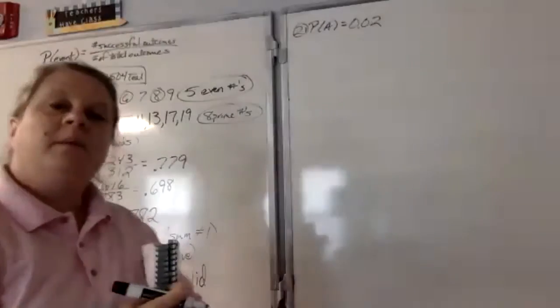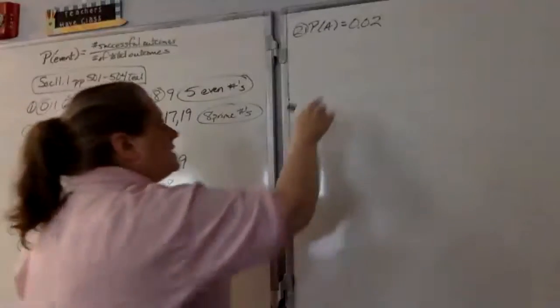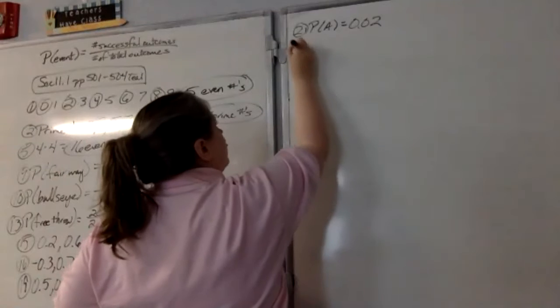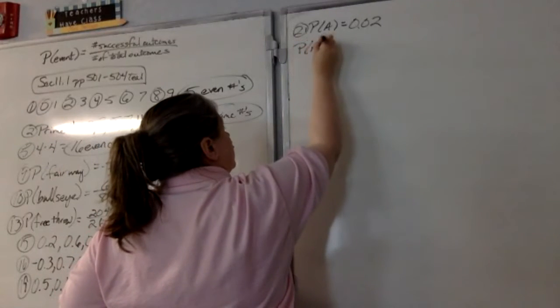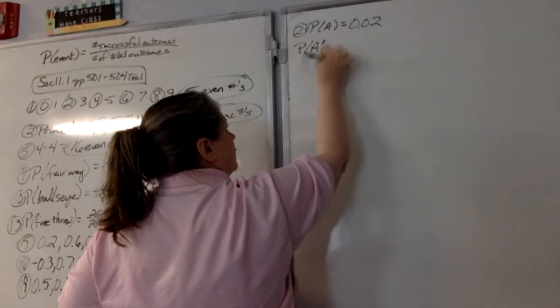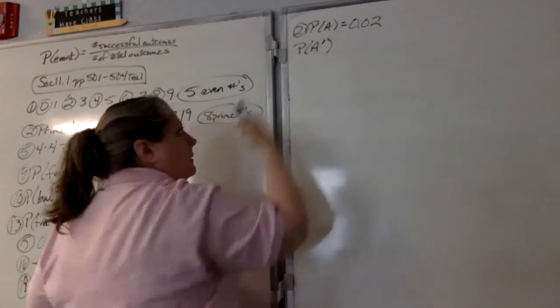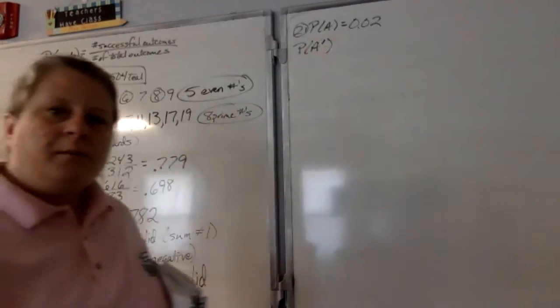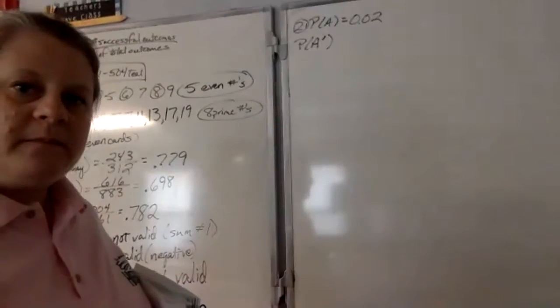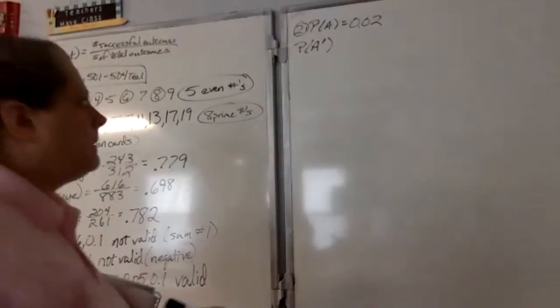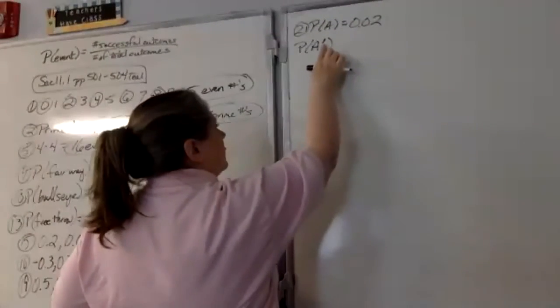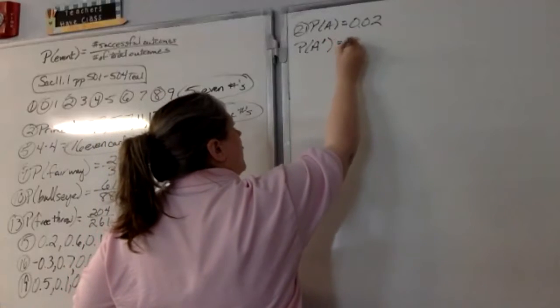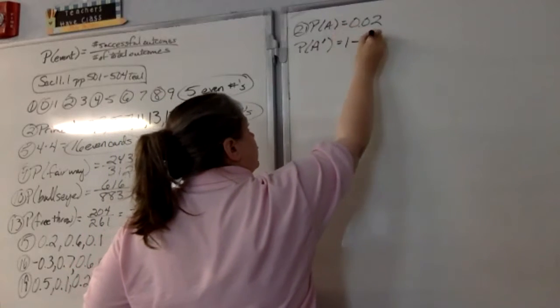Yes. So the complement of A. Now, this is my regular A, so for my complement, they usually put the little mark on there. Apostrophe. It's like a little prime hash mark thing. All right, so this is for the complement of A. I take 1 minus A's probability.